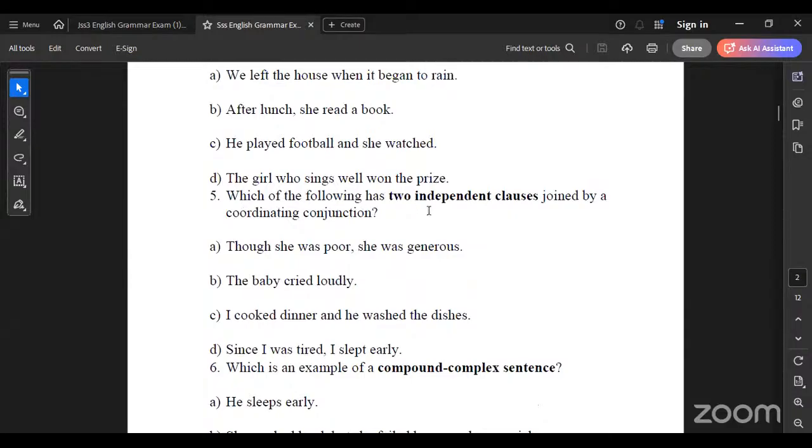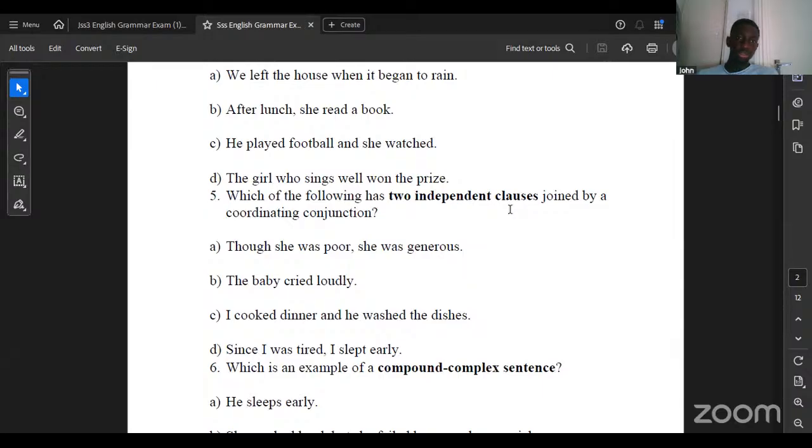Which of the following has two independent clauses joined by a coordinating conjunction? C. That is C, correct. Because "I cook dinner" can stand on its own.